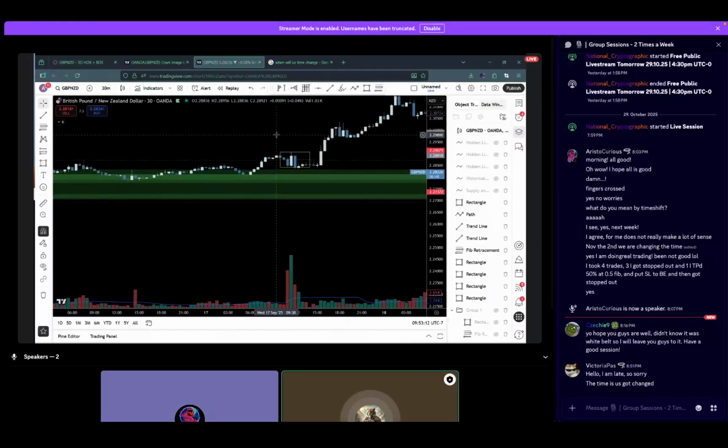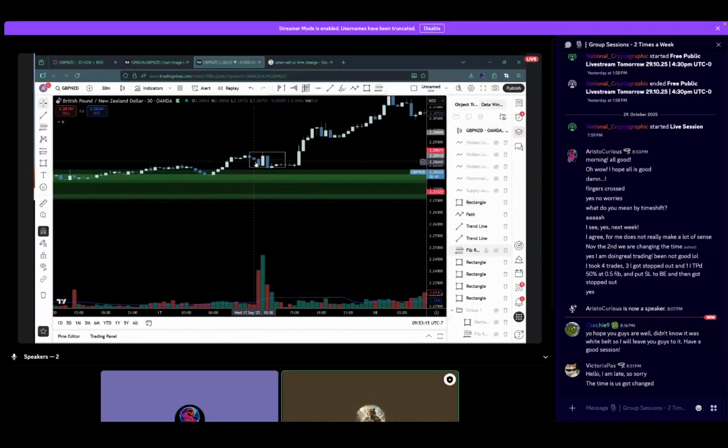And here you see how big the green volume bar is, and how the most volume in this whole move was traded within the upwards move. And this is what the wick on the downside is showing you, that most of the volume was not traded on the way down, but on the way up. And this is just showing that big buyers were stepping in at this particular candle.